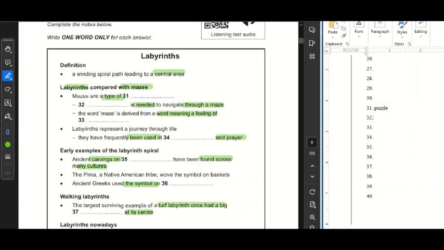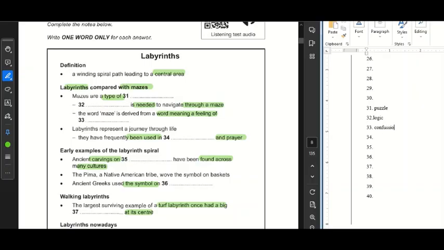Entering a maze usually involves getting lost a few times before using logic to work out the pattern and find your way to the center and then out again. There are lots of dead ends and paths which lead you back to where you started. The word maze is believed to come from a Scandinavian word for a state of confusion. This is where the word amazing comes from.